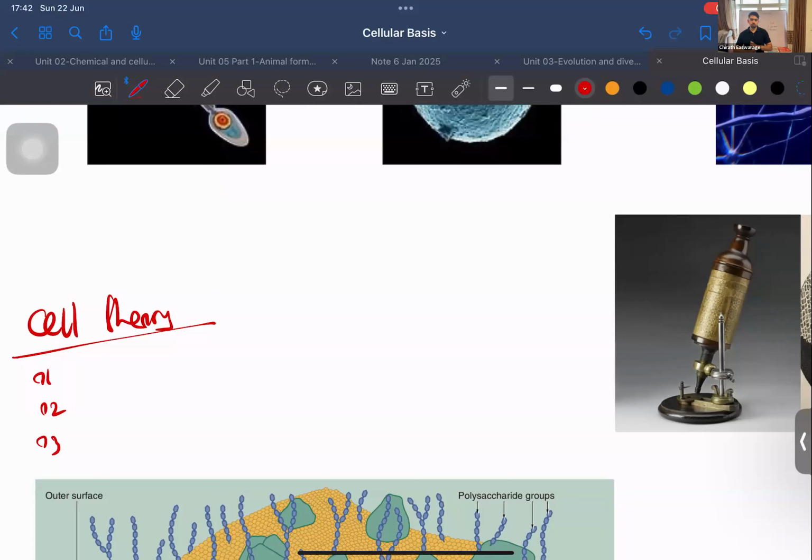Very commonly questioned in the structured essay paper. They will directly ask, what are the three principles of the cell theory? So please write down. Number one, all organisms are composed of one or more cells.